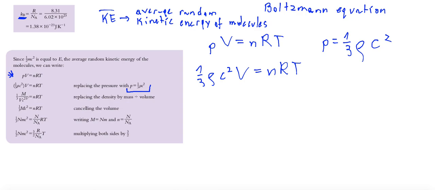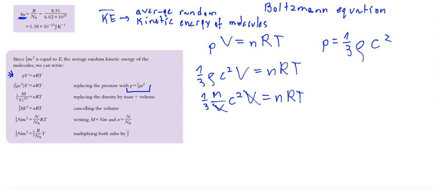We know that density is mass over volume, so it can be written as 1/3 mass of the gas over volume of the gas times c squared times V is equal to nRT. Okay, there is another mistake in the Tsokos. You see, its denominator is written wrongly. V in the denominator, and c squared and V here. Okay, next line. We can cancel the volume.